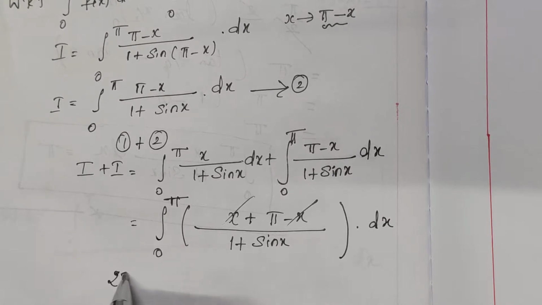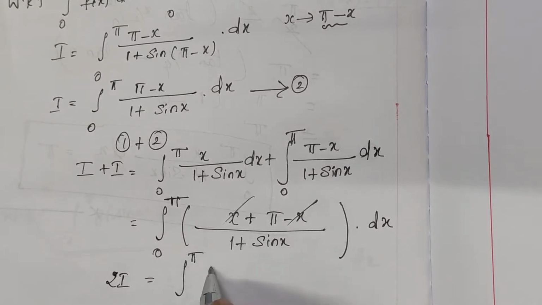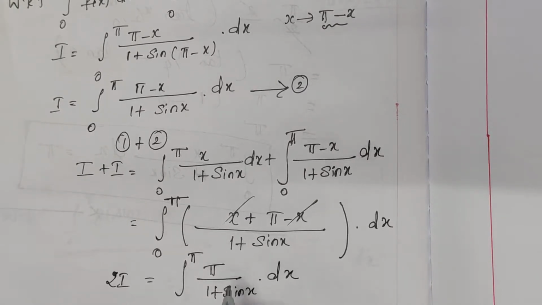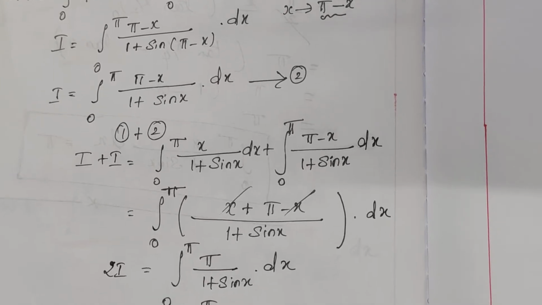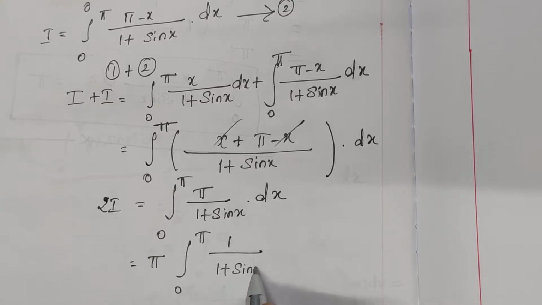On the left side we get I plus I equal to 2I. This is equal to integral 0 to pi of pi by 1 plus sin x dx. Pi is a constant, take it outside. So 2I is equal to pi into integral 0 to pi 1 by 1 plus sin x.